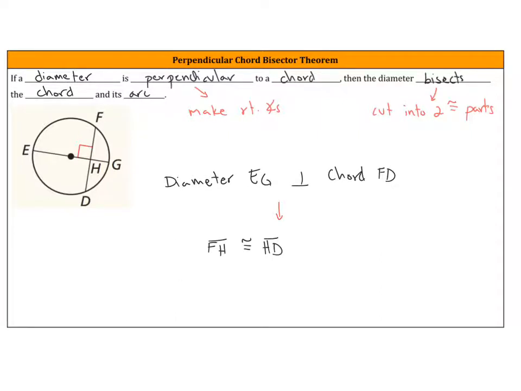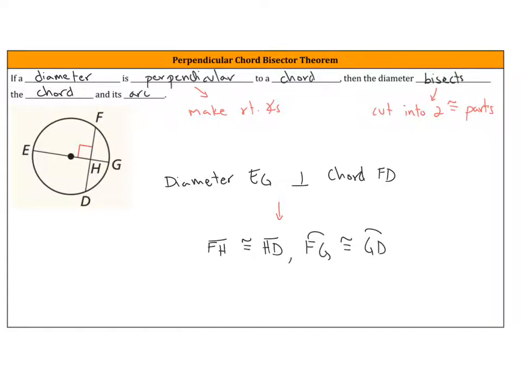Now, it's not just the chord that gets bisected, though. It's also the arc. So arc FGD, this arc here, also gets bisected, which means we should also have two congruent parts there as well. Those two congruent parts are going to be arc FG and arc GD.